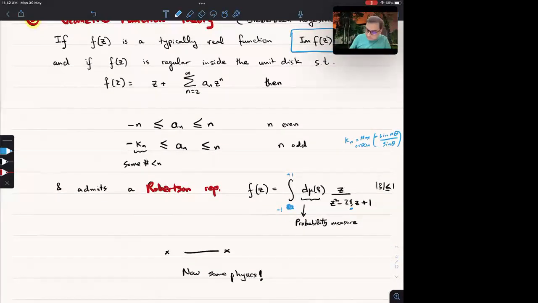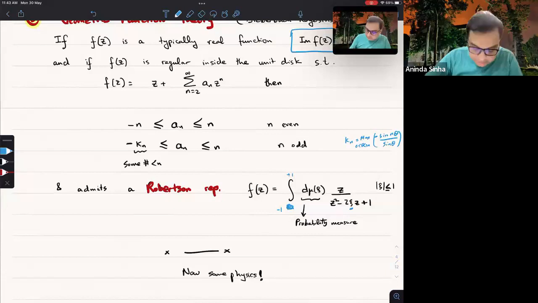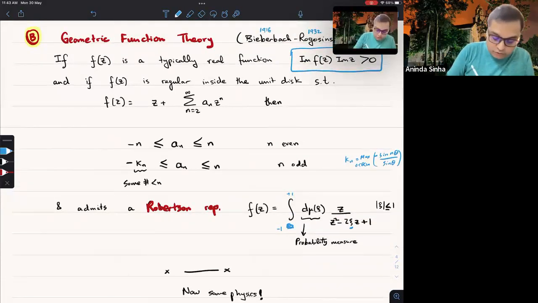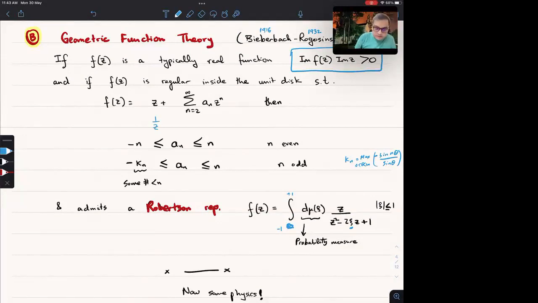Aninda, one somewhat tangential question. This Robertson representation, is there something to be said for functions which are given like so, but with some power of the denominator? Yes. So you want to ask whether we can say something about 1 over z? No. I mean, 1 over z square minus 2 psi z plus 1 whole to the power alpha.